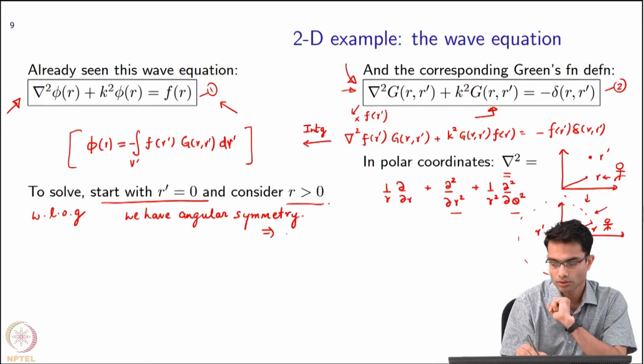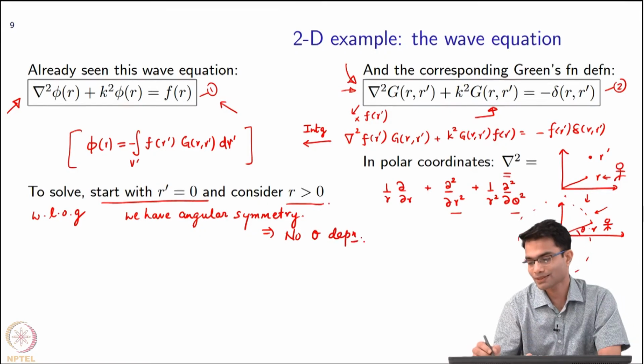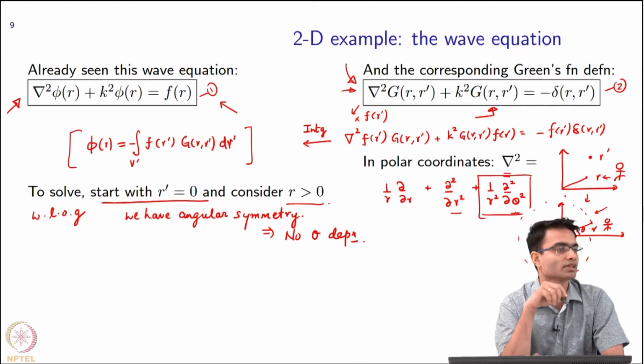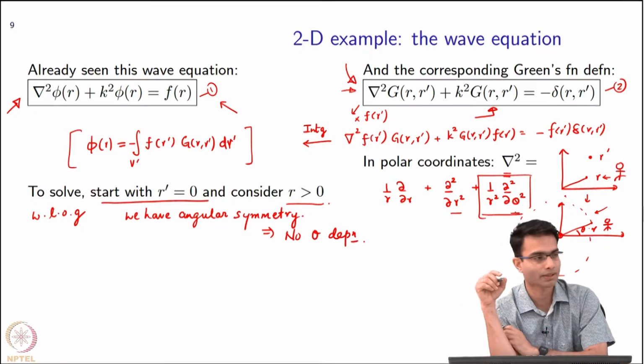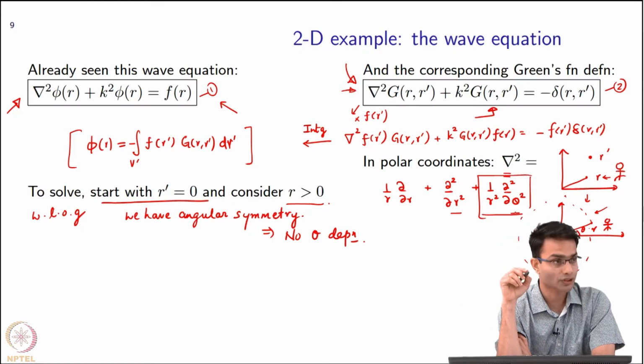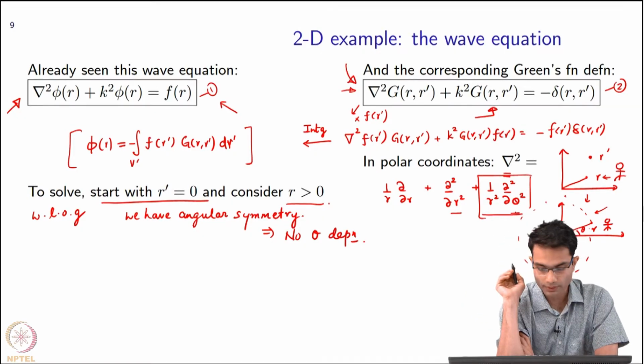So no theta dependence, and that's great for me because the third term in this Laplacian can be set to 0. It is not an approximation, it is exact, right?